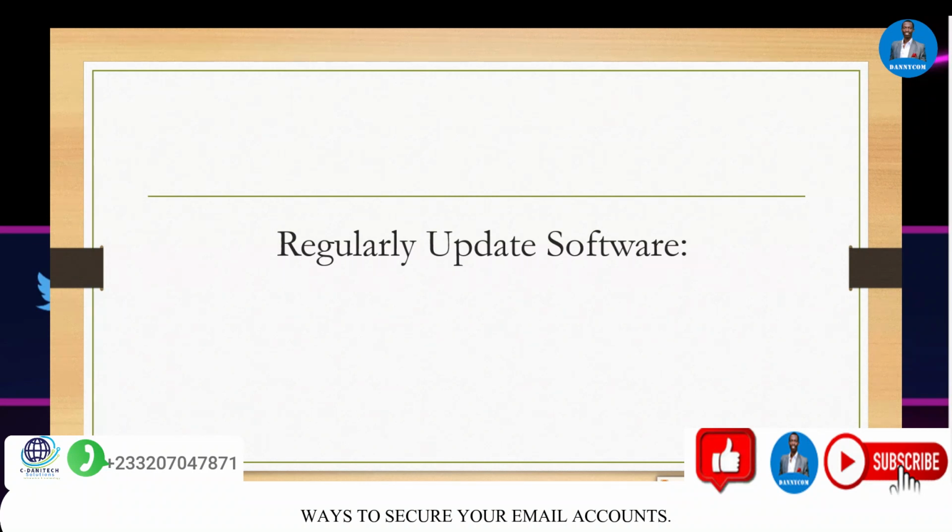The next thing is regularly update your software. We have mentioned regularly updating your password, and we are also talking about regularly updating your software. It's simple and straightforward. From time to time, the manufacturer or the operating system developer sends an update to your mobile phone or laptop, and this update is very, very important.